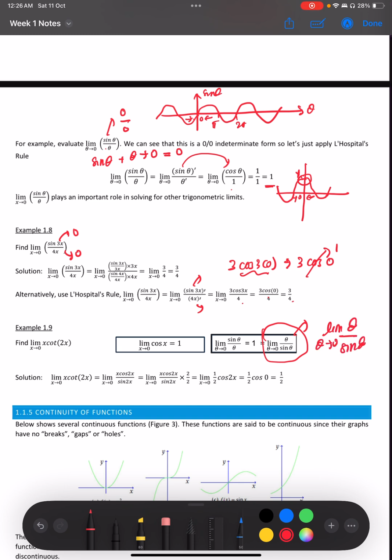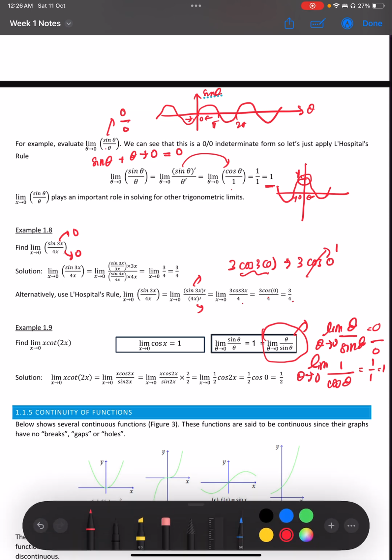If you replace directly, you will get 0 over 0. So we can use L'Hopital rule. What we can do, we can differentiate this one. You get 1. Sine theta, you get cos theta. And theta approaching 0, so cos 0 would be 1. 1 divided by 1 is equivalent to 1. Therefore, we can say that if you have a fraction like sine theta divided by theta, and the limit is theta approaching 0, you get 1. And for any function cos x, as x approaching 0, you will get 1.